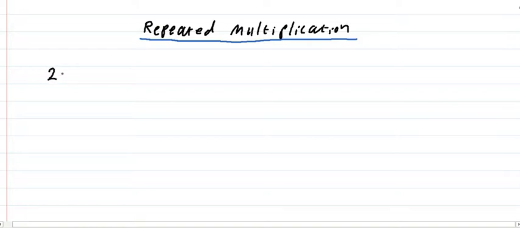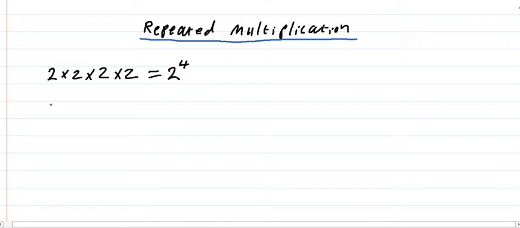If I have 2 times 2 times 2 times 2, I abbreviate that by writing out the number, which we're going to call the base, and up here I write down how many times I've multiplied this number together, which in this case is 4 times. And I would describe that as 2 to the power of 4, or 2 to the 4th.